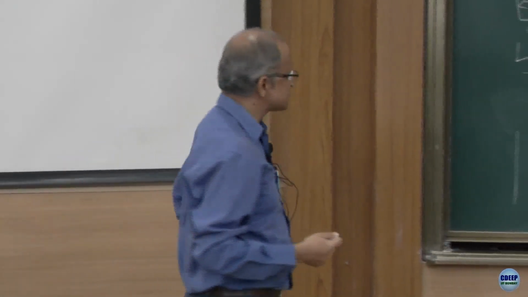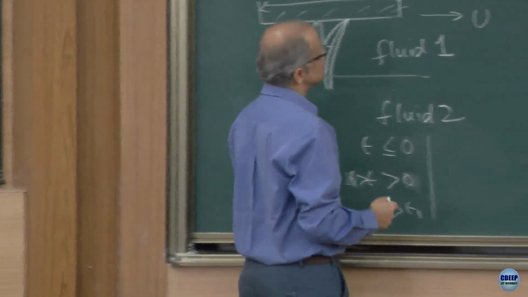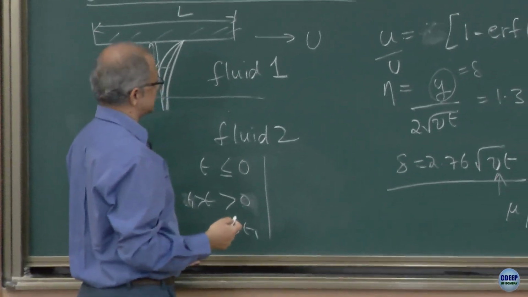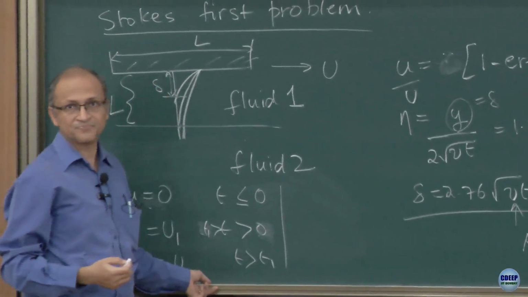Only then is it the right solution, correct? The solution has to necessarily satisfy the boundary condition. Is this clear? So these are two simple ways in which I can impose a time scale in the problem. Any questions here?